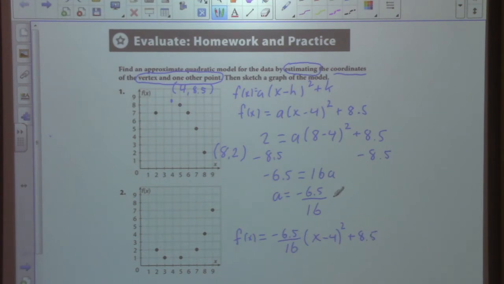One thing I saw in other classes today was this simplified to get rid of the decimal, as like negative 13 over 32, right? And also negative 0.40625 or something like that. So they could use any of these. I'm just gonna use this one right here, just because it's right in front of us.